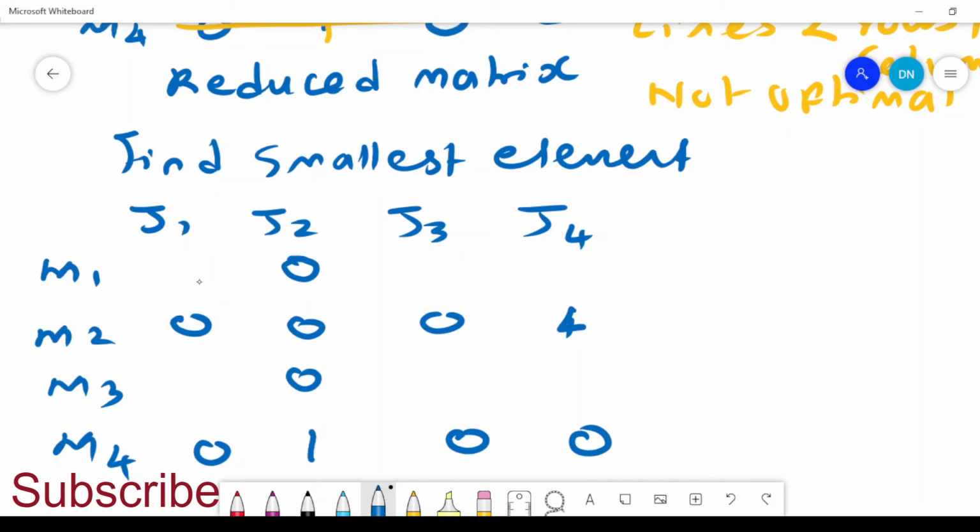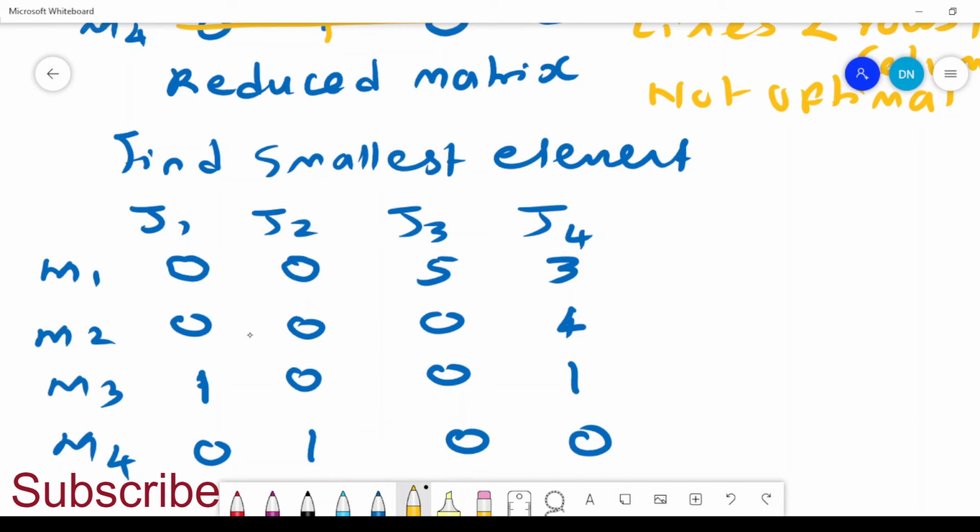Now for the ones that are not covered by a line, the smallest element is 1. So 1 minus 1 is 0. 6 minus 1 is 5. 4 minus 1 is 3. 2 minus 1 is 1. 1 minus 1 is 0. And 2 minus 1 is 1.